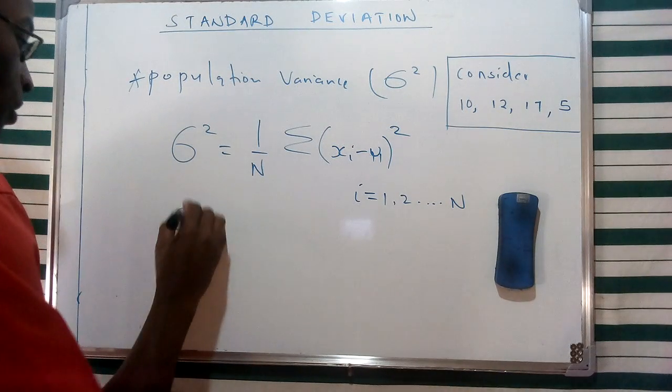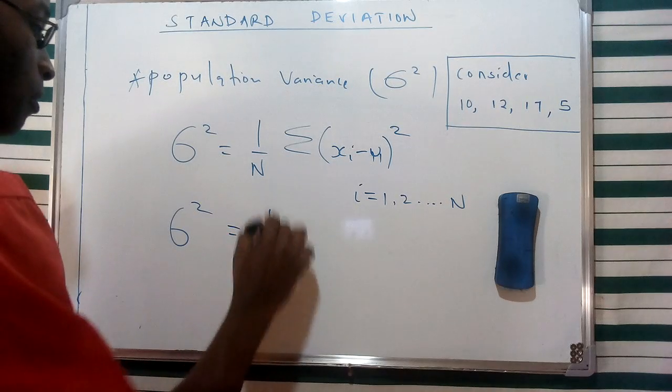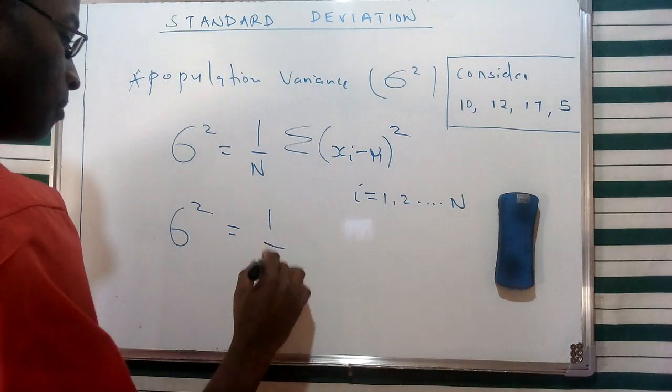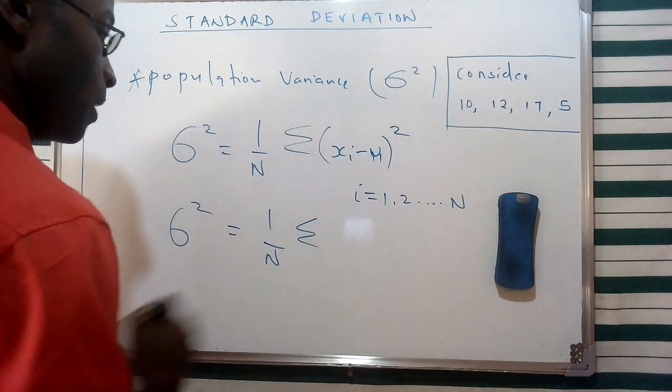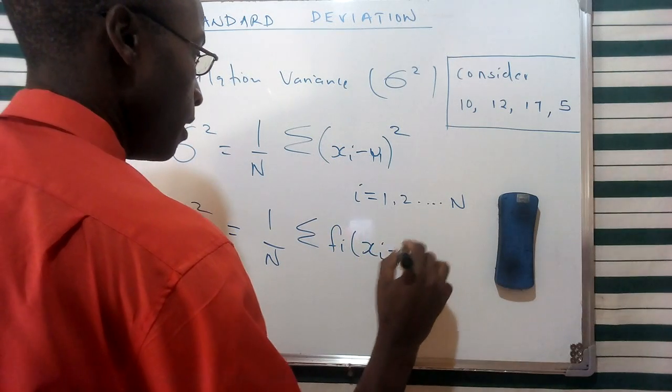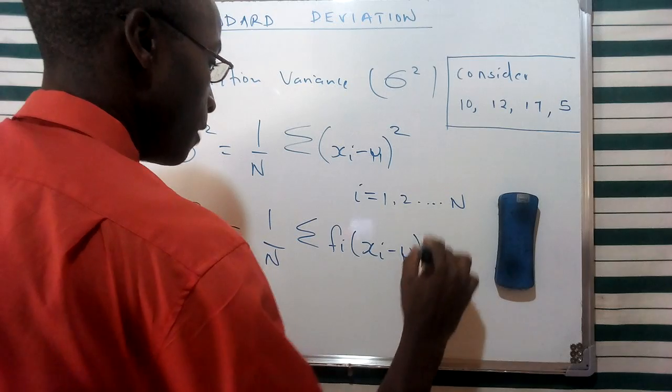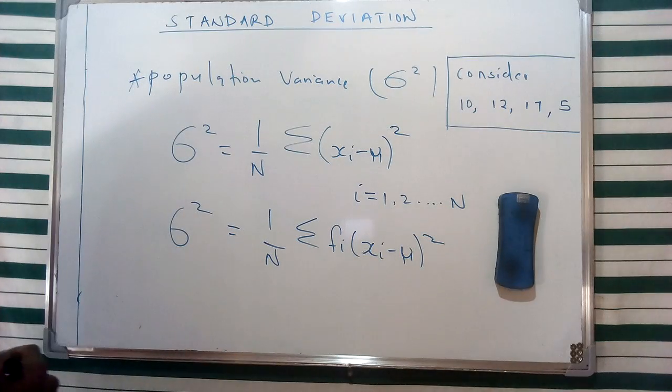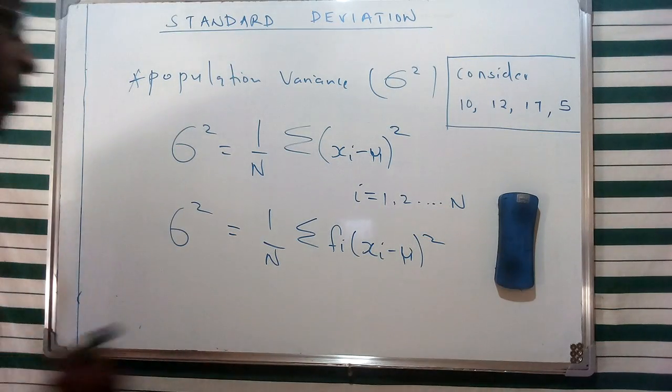And as we said, we can represent this specific value of population by the frequency distribution by taking account of this specific frequency. And therefore, this gave us a formula representing that specific population variance.